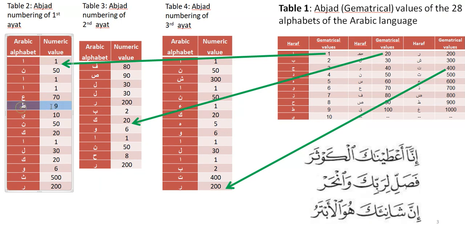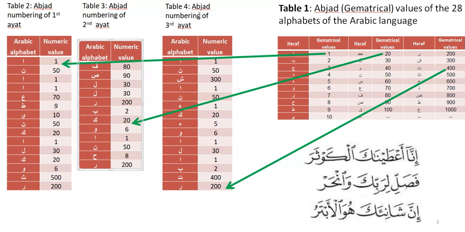For example, for toa, the abjad value is 9, so 9 is put here. For alif, it is 1, so 1 is put here. For the second ayat, for example for kaf, the abjad value is 20, so 20 is shown here.